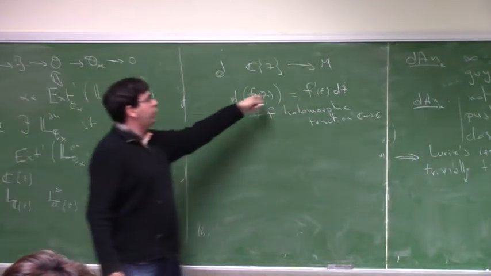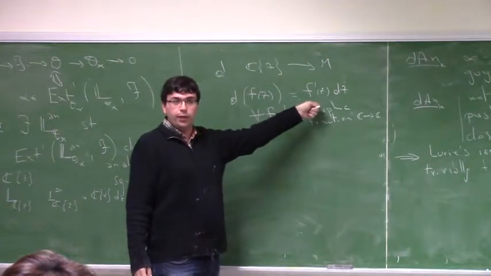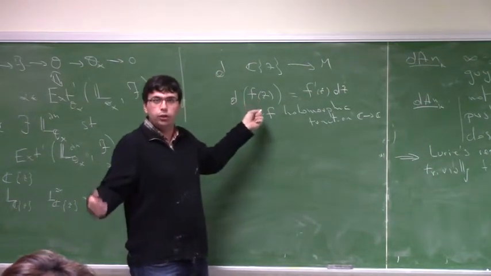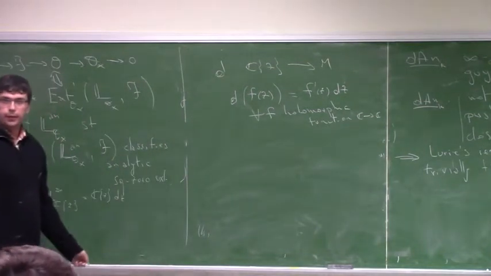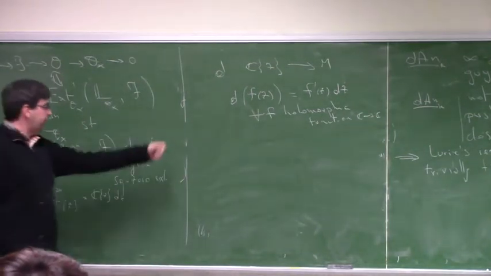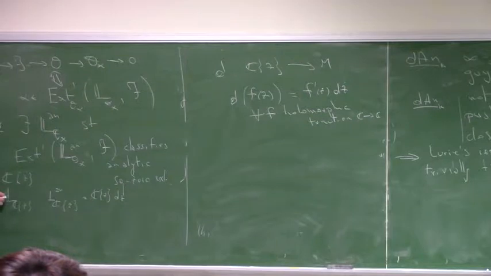When f is a polynomial, this equation follows from the Leibniz rule, but if f is like the exponential, there is no way to get it. And this is really the difference between the analytic cotangent complex and the algebraic one.